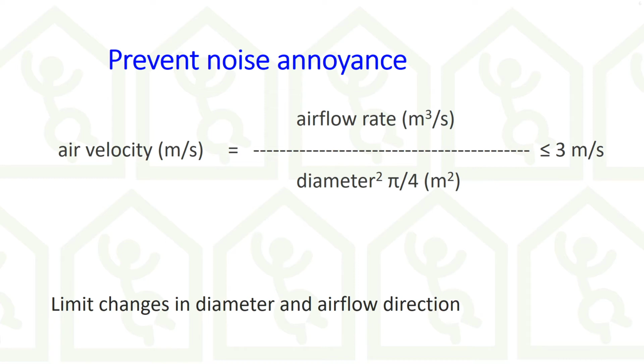To prevent noise annoyance from airflow in ducts, it is therefore recommended to have as few changes in duct diameter or direction of the airflow as possible. Moreover, it is recommended to keep the air velocity in the duct below 3 meters per second. For round ductwork, the equation shown here can be used to calculate the air velocity for a certain duct diameter and airflow rate.